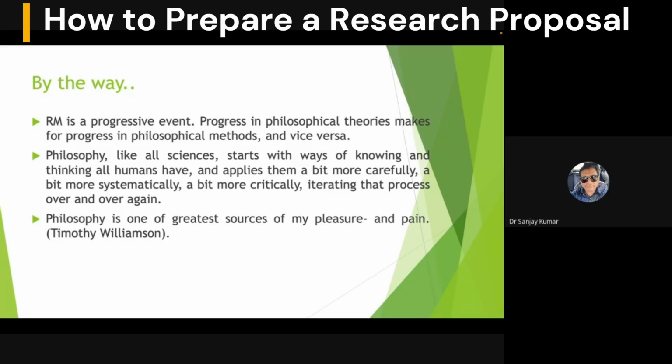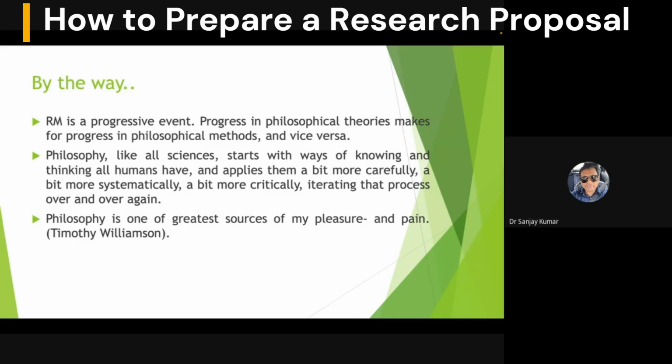So what philosophers are doing is not anything new. They are doing the same thing that all humans are doing. We are not doing different things, we are doing things differently. We are doing the same thing, but a bit more carefully, more systematically, and more critically.